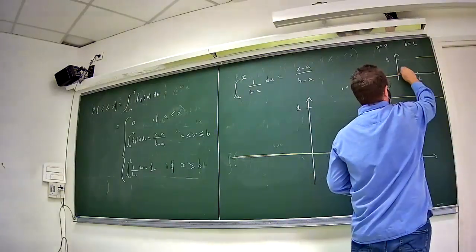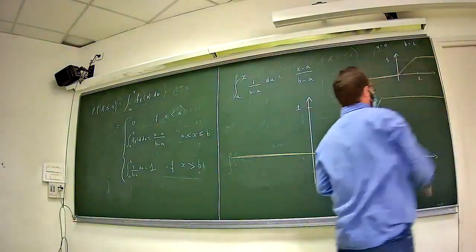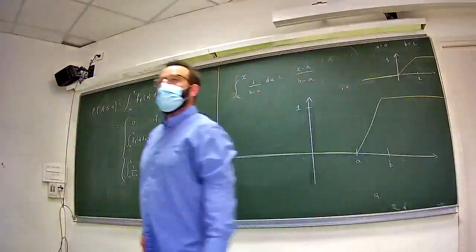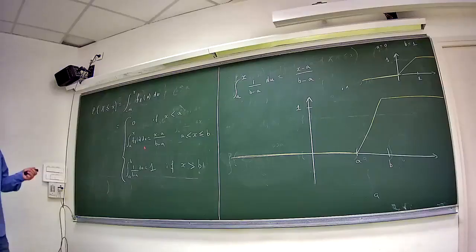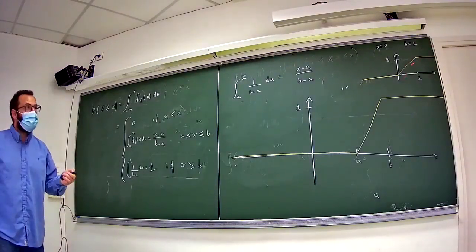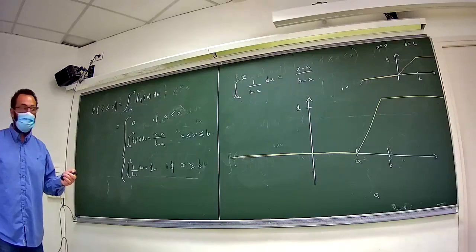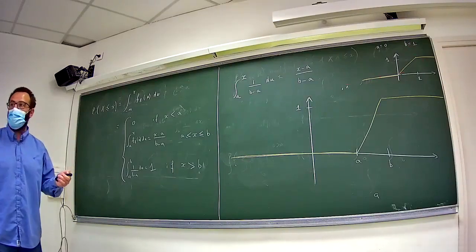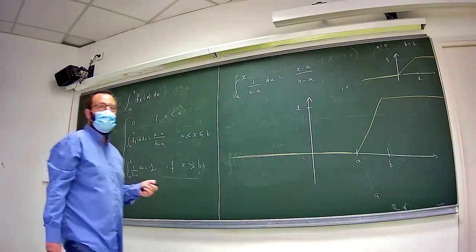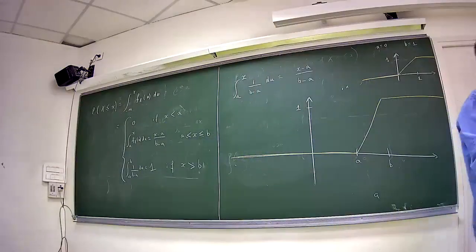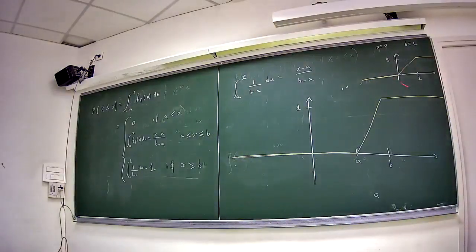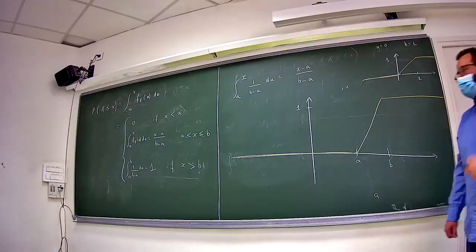In between, I am a line. But what is the equation of this line in this situation? The equation of this line is this one with A equal to 0 and B equal to 1. So you have the identity mapping here: 0 before 0, identity between 0 and 1, and 1 after. This is a particular case that we are going to use several times in this section.